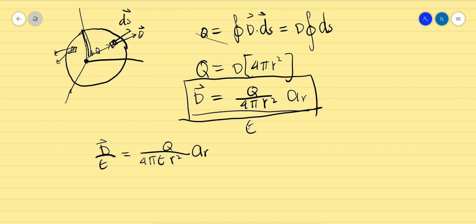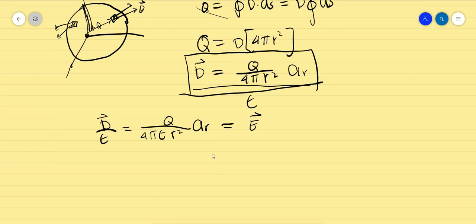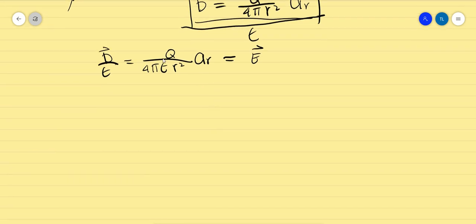And this part now here is actually our formula of a point charge formula for electric field. So we can derive the relationship between the flux density and E from this one. So we can now say that D will be equal to the permittivity multiplied by the electric field.